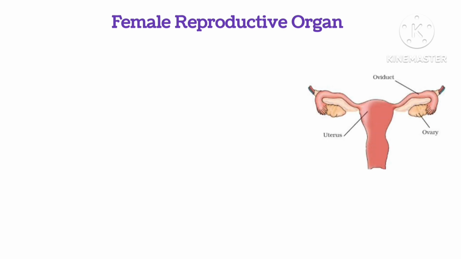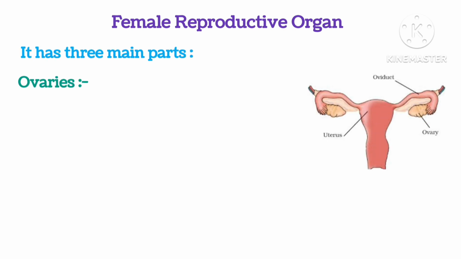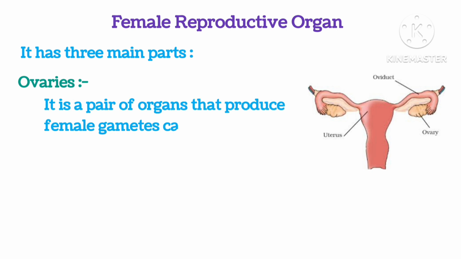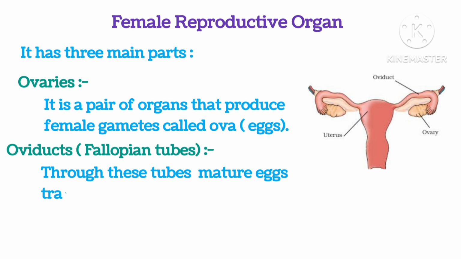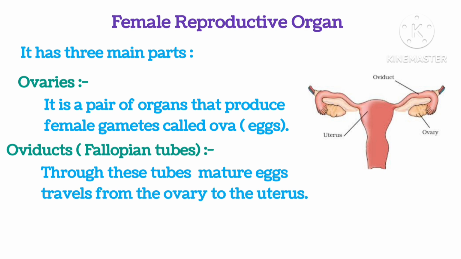Female reproductive organs. It has three main parts. First is ovaries. It is a pair of organs that produce female gametes called ova or eggs. Oviducts or fallopian tubes. Through these tubes, the mature egg travels from ovary to the uterus.